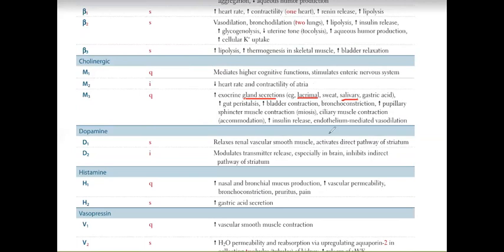That means pilocarpine will help increase salivation, and the lacrimal gland will also work, so it will produce tears. So it can treat the patient with Sjogren syndrome as well. Okay, so this is another important therapeutic action of this drug.